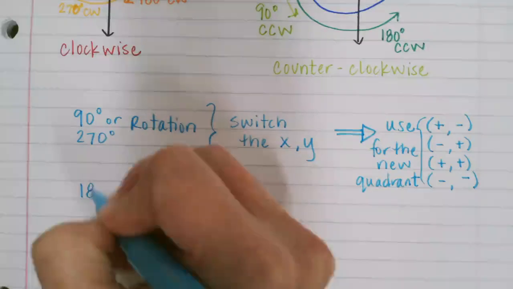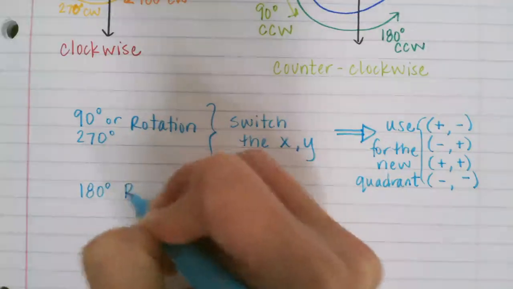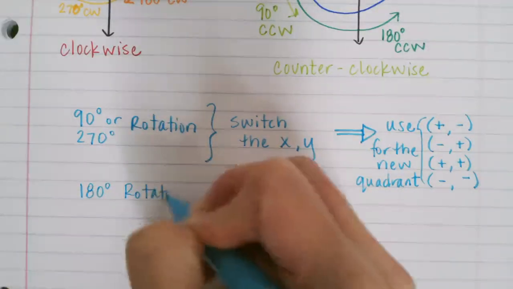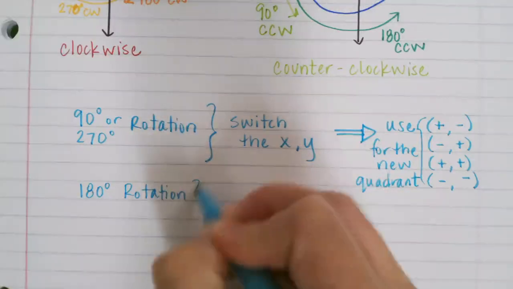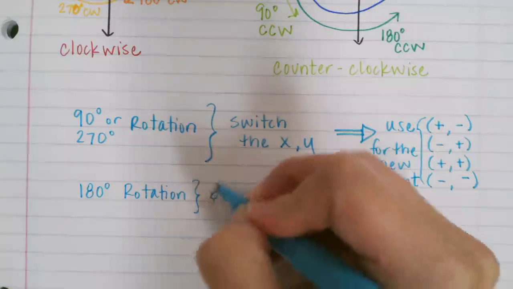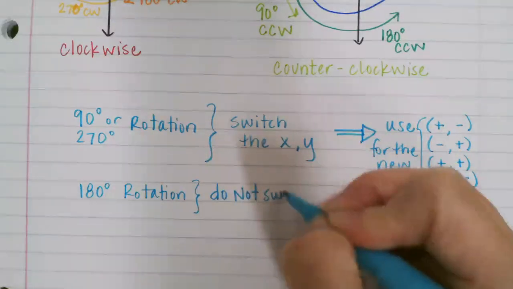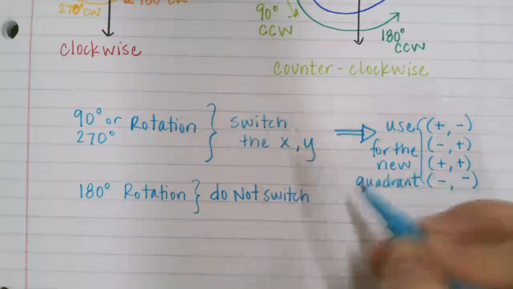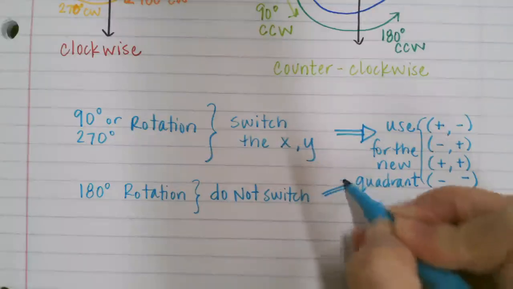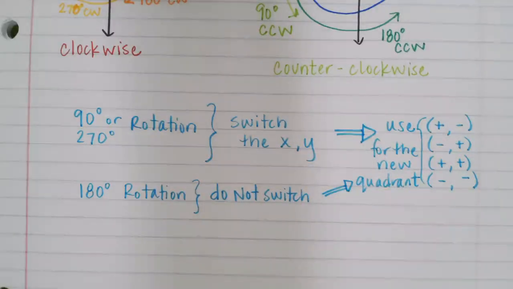So for a 180-degree rotation, we do not switch. And then we're still going to follow the signs of the quadrant.